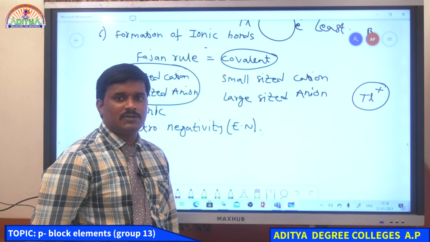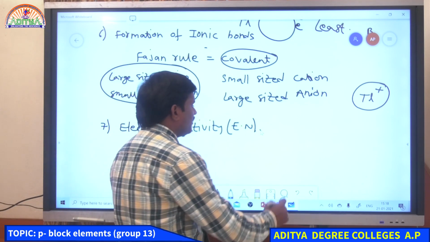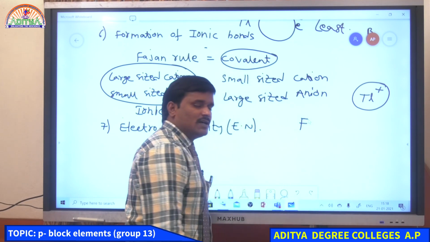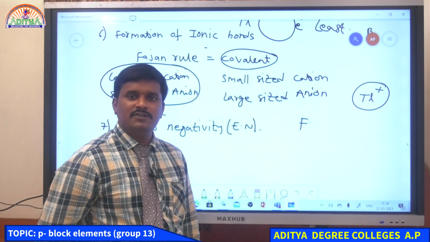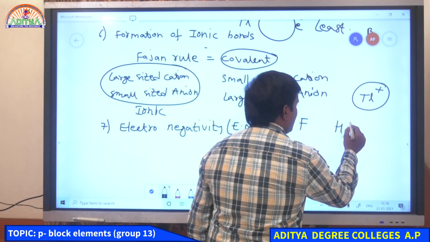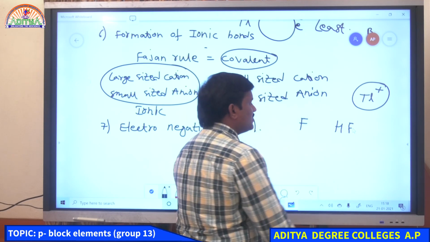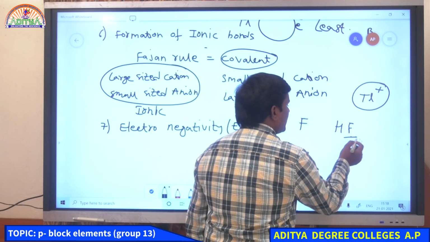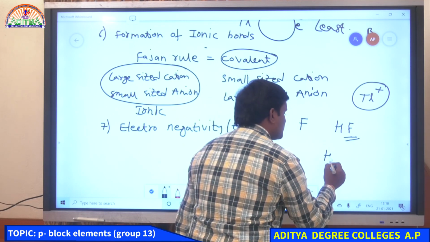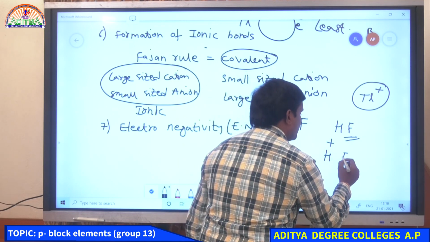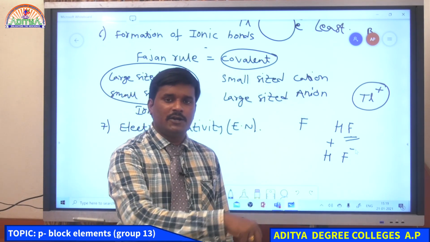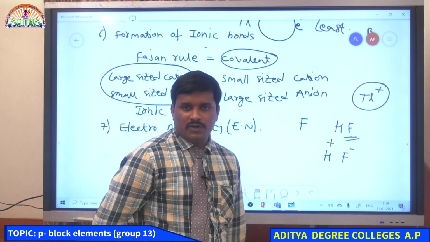In the entire periodic table, fluorine is the most electronegative element because it attracts electron density towards itself from any atom. If suppose HF, hydrogen fluoride, in this hydrogen fluoride, fluorine is the more electronegative element, it attracts electrons from hydrogen. That is why hydrogen is converted into H plus and fluorine is converted into F minus. So it attracts electrons from hydrogen. That is nothing but electronegativity.